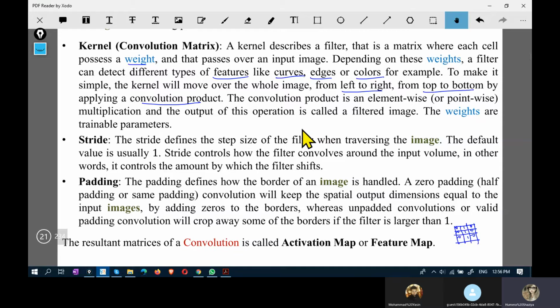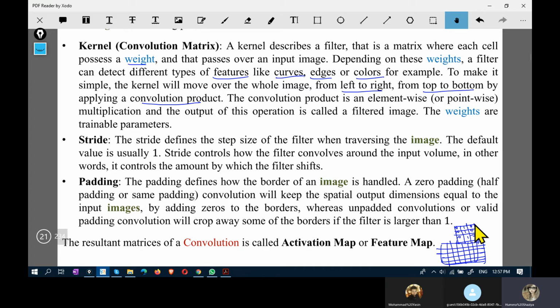I will show you how it works, but theoretically try to understand that this is a large image, and this is a filter or a kernel, and then you slide it over this image from left to right and top to bottom. While sliding it, you perform an operation. Which operation?